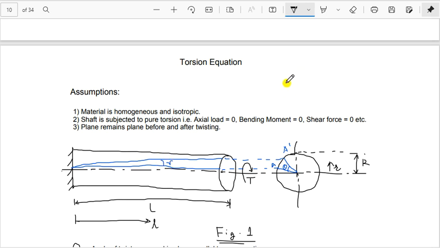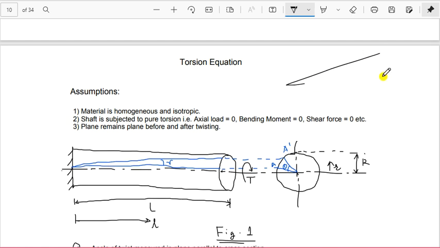This is actually a straight line like this, and this angle, let us say this angle is nothing but the gamma, not tau, gamma shear strain. And we consider that this deformation is very small as compared to this diameter or the complete shaft. So we consider that this is a plane.